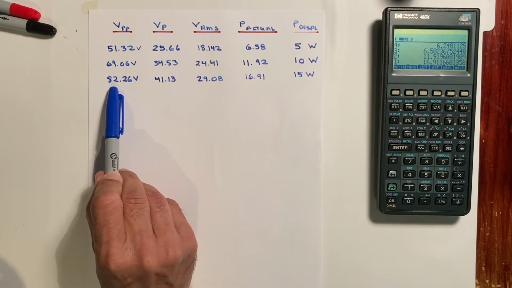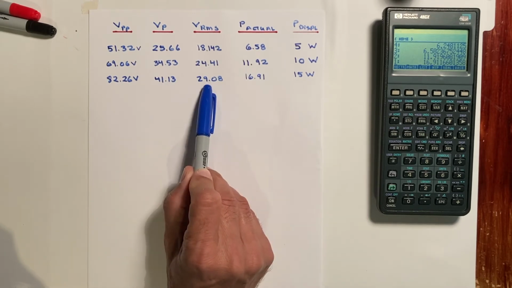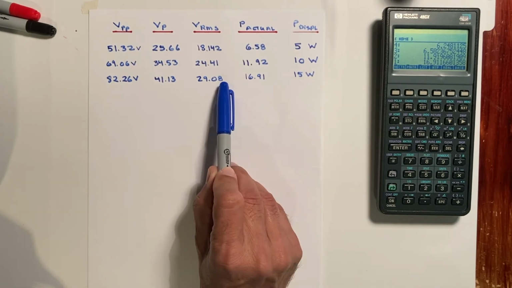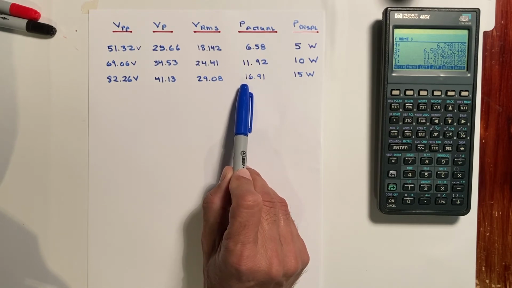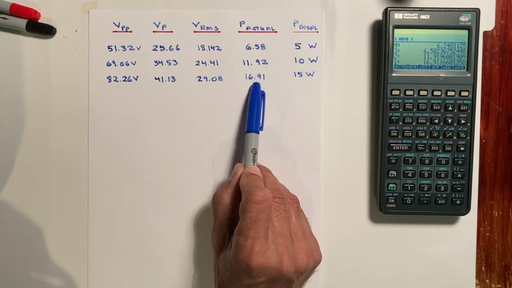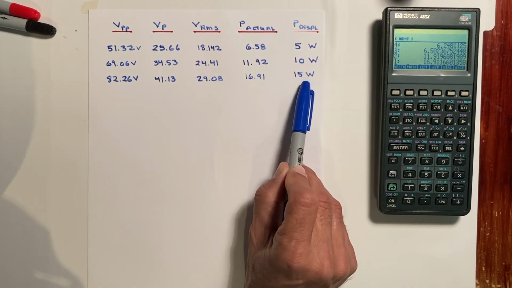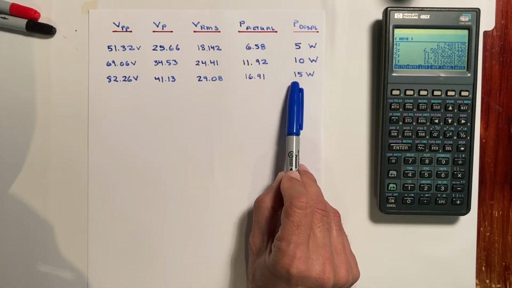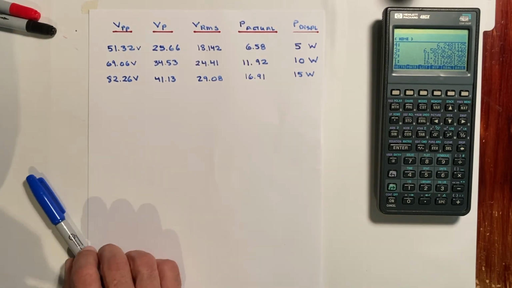So we wrote down 82.26 divided by 2, multiplied it by 0.707, or square root of 2 over 2, and then squared that VRMS and divided by 50, which is the value of our resistance of the dummy load, and we got 16.91 watts, which compares to the 15 watts that is displayed on the Xiegu G90. Again, we're a little bit high in actual measurement compared to what is displayed in the Xiegu.